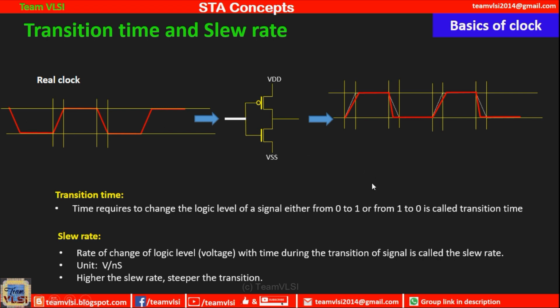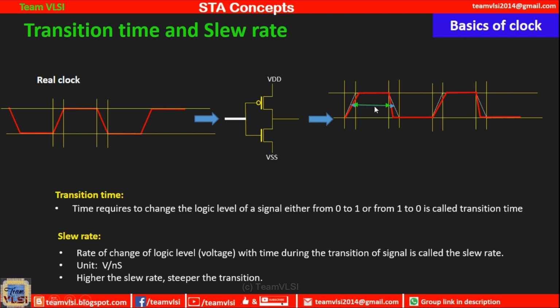So what will be its impact? You can see here, from one level of inverters, the pulse width, which is defined here, I will explain in the next slide, is going to decrease.